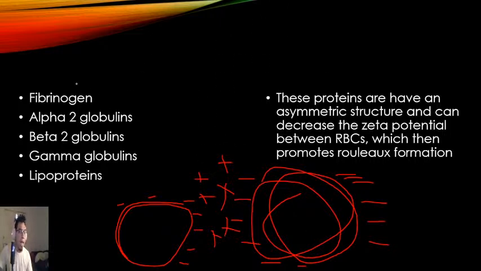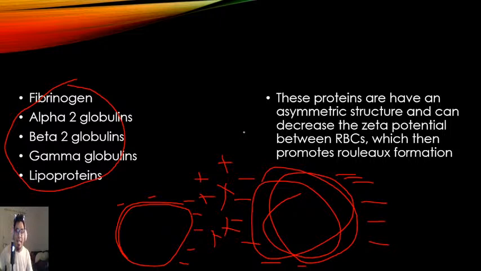Now, when you add these five proteins into the mix, especially if there's an increased volume of these proteins, it actually destroys that positive charge. It absorbs the positive charge, similar to what a low ionic strength solution, or LISS, will do.